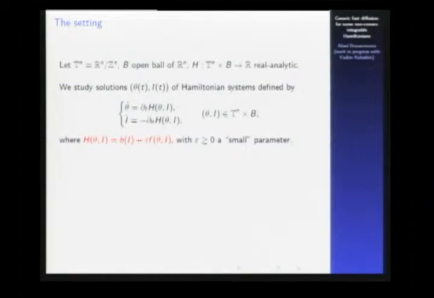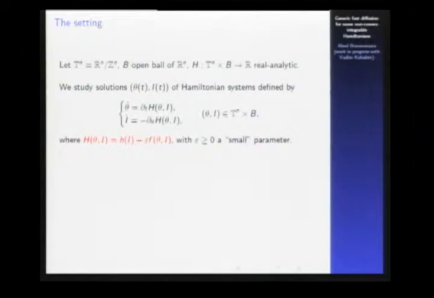It lives in the product T^n times B. To a function capital H, I associate this system of differential equations: theta dot is equal to the partial derivative of capital H with respect to I, and I dot is minus the partial derivative of capital H with respect to theta. That's a Hamiltonian system.